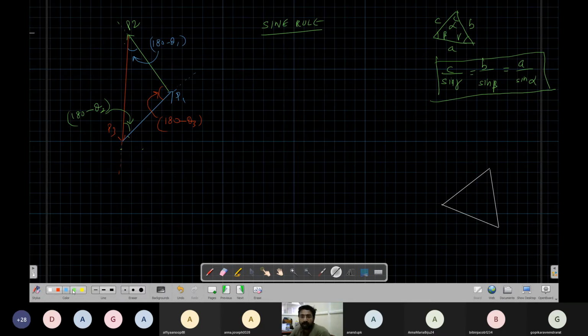Let's say this length is P1, and this is the angle.